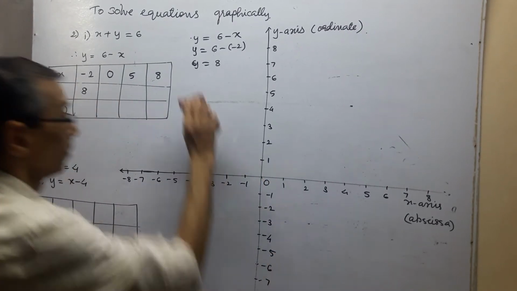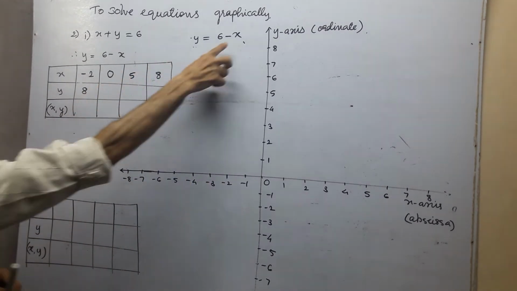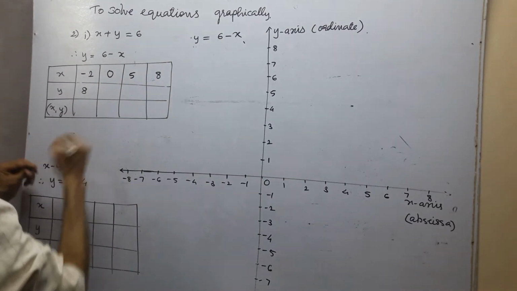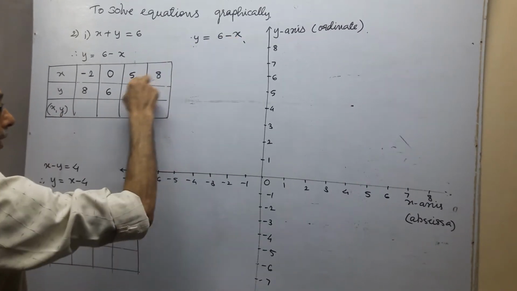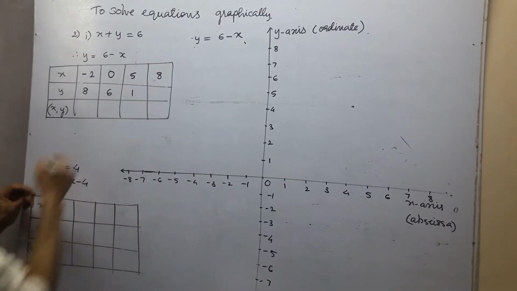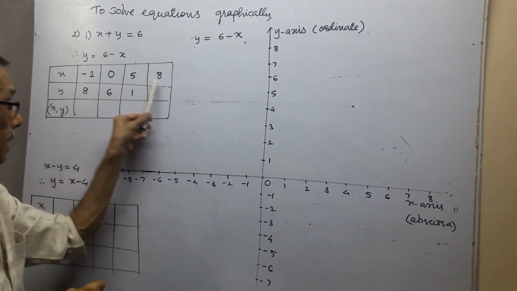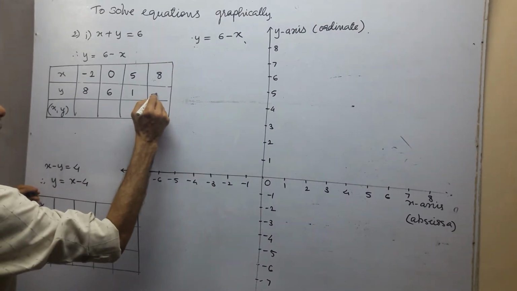Same way, when you take x equal to 0, then y equal to 6, you can write that orally also. When x is 5, so 6 minus 5, and therefore y will become 1. And when x is 8, then 6 minus 8 will become minus 2.